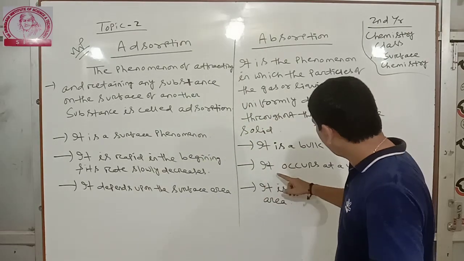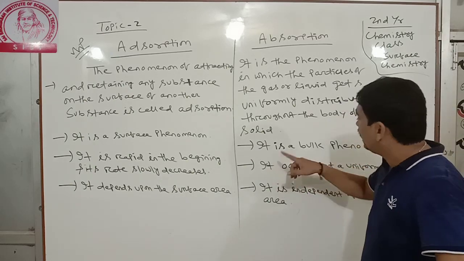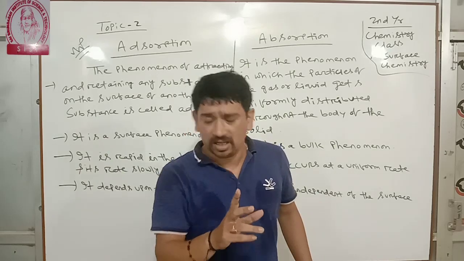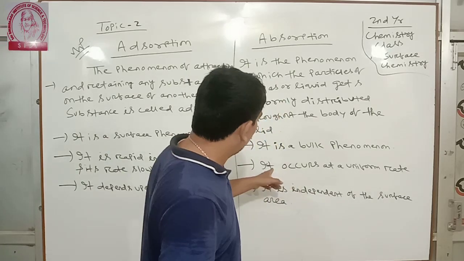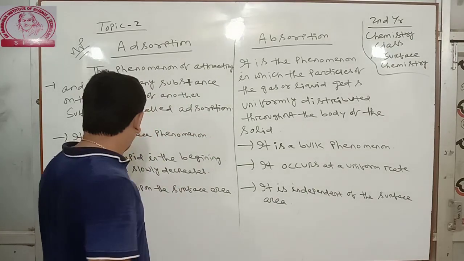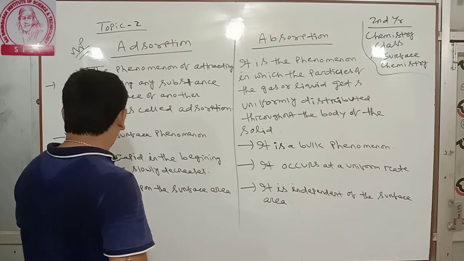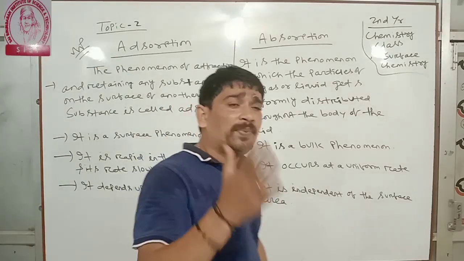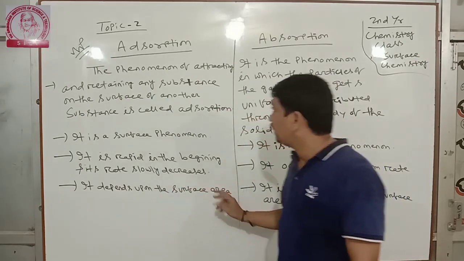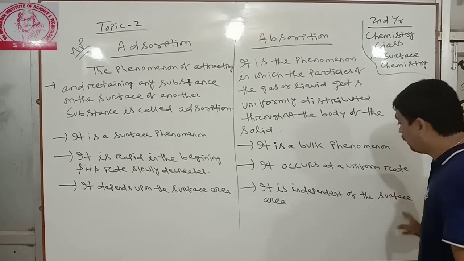But absorption occurs at a uniform rate. Its speed is uniform. Next, adsorption depends upon the surface area, whereas absorption is independent of the surface area.